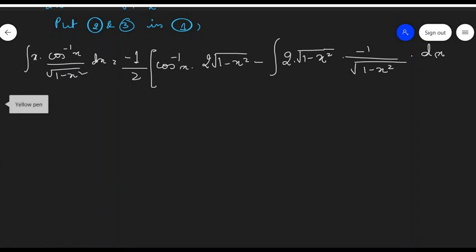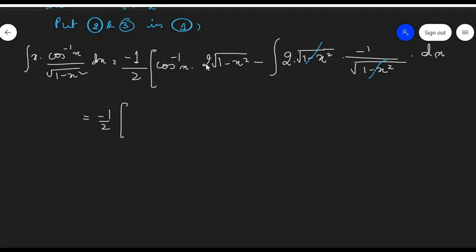So here if you see closely, you will see that this numerator and the denominator are the same terms. So I can actually cancel them. So I will be left with minus 1 by 2.